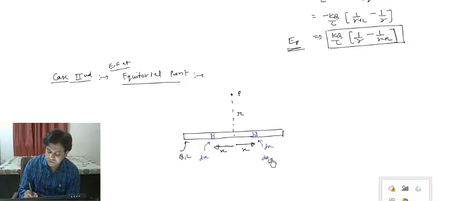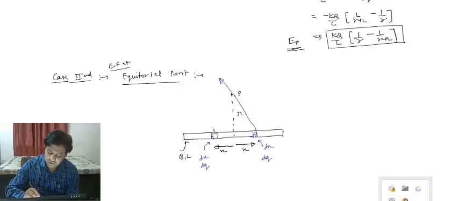This has dq charge, and this has dq charge again. Due to this dq charge, the electric field at point P will be something like this, and due to this dq charge, the electric field will be something like this.